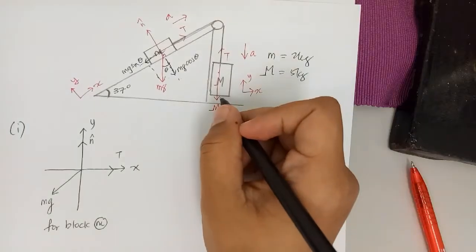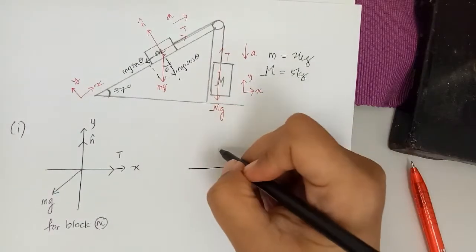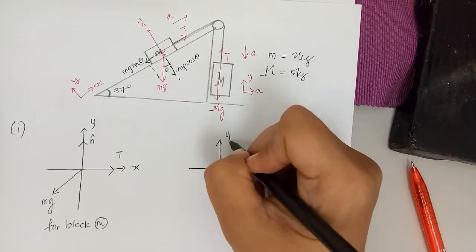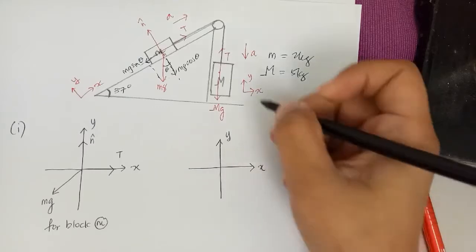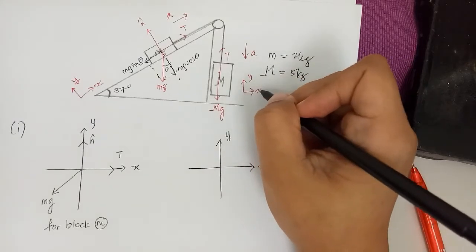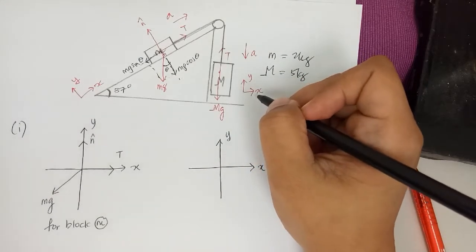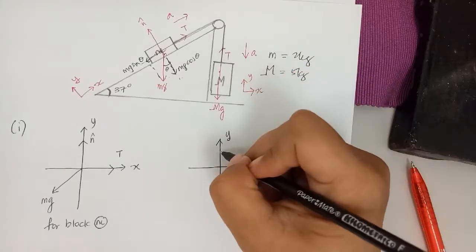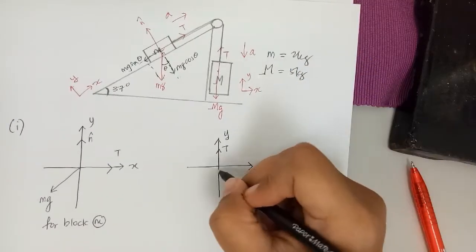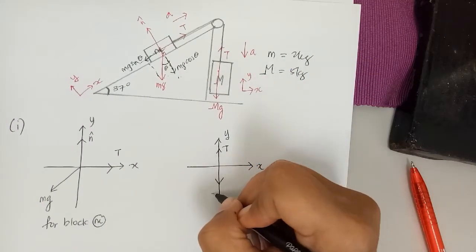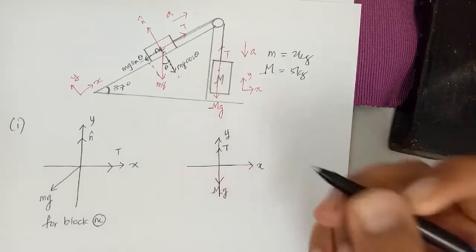Now for block capital M, this is your Y, this is your X. There are no forces in the X direction, only in the Y direction. I will have tension and also capital Mg.